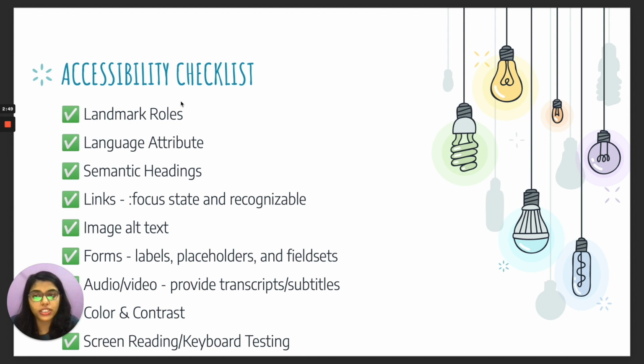We need to make sure that we have semantic headings in our app. We need to include links which have a focus state and are recognizable. Each of the images should have an alt text so that it is readable by the screen readers. The form should have labels, proper placeholders and field sets. Same goes for video and audio. We should provide them with subtitles and transcripts. The color and contrast ratio should be maintained.